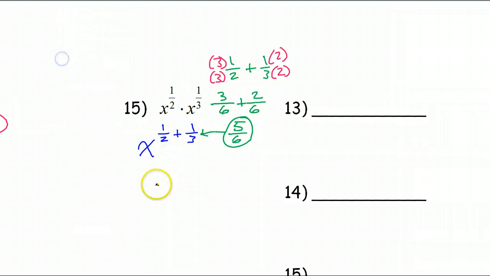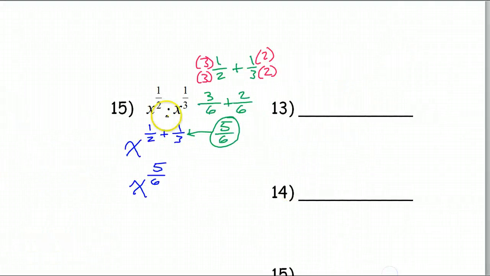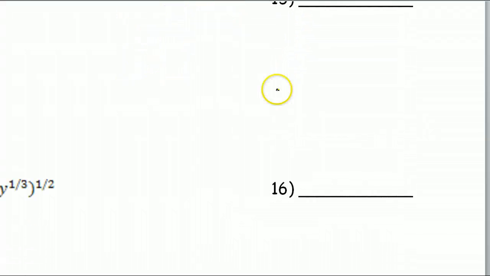So that's why I'm going to have x to the 5 over 6 power. Now, should I write this as the 6th root to the 5th power, radical form, like you've seen me do sometimes? No. Because the original problem is in exponent form, I should definitely leave my answer in exponent form. So, boom. That's number 15. Done. Okay, let's move on. Number 16.